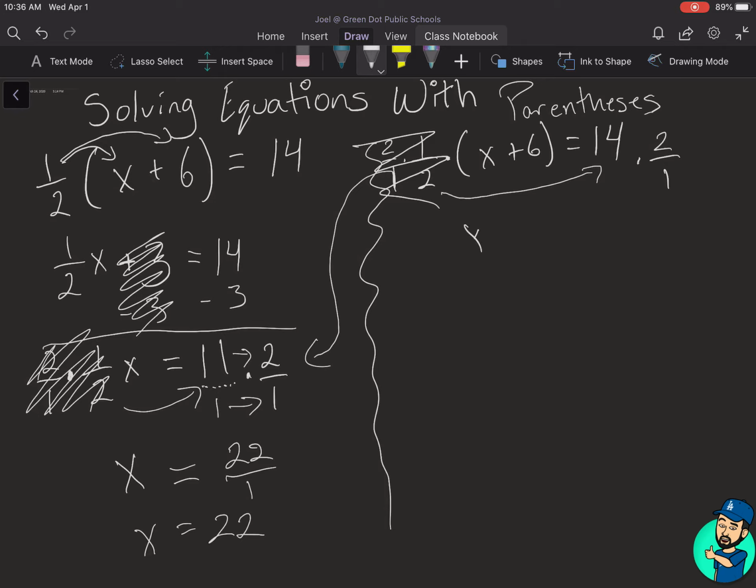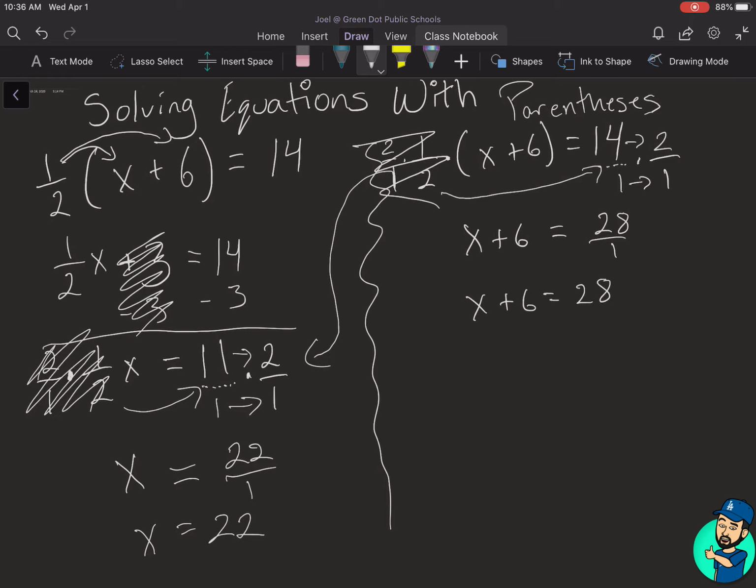I bring down x plus 6, the equal sign. 14 times 2. That means if I double the 14, I get 28. And then there's an invisible 1 here. 1 times 1 is 1. Now 28 over 1 is just 28.